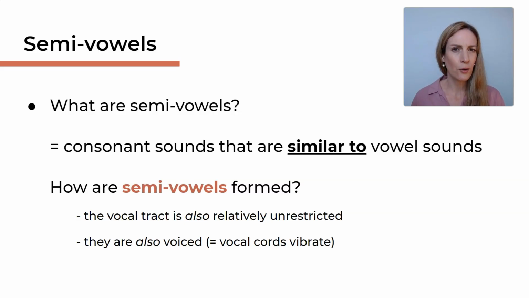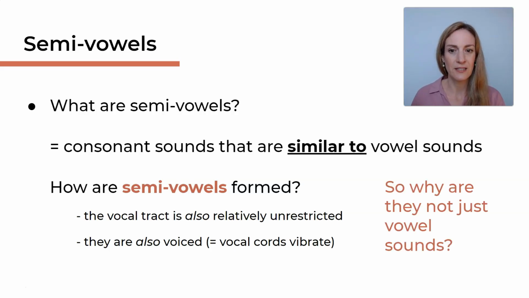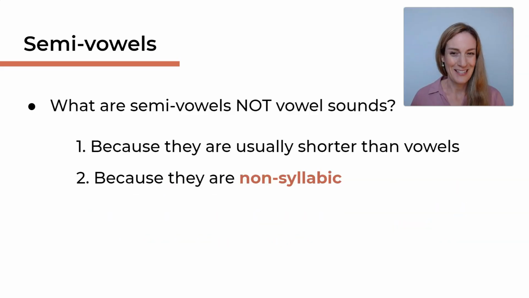So maybe you're thinking, okay, so why are they not just vowels? Well, there's one difference, and that is a very important difference. So bear with me. So why are they not just vowel sounds? Well, they're not, because number one, they're usually shorter than vowel sounds. That is important. But most importantly is the second point, number two, and that is because semi-vowels are non-syllabic.